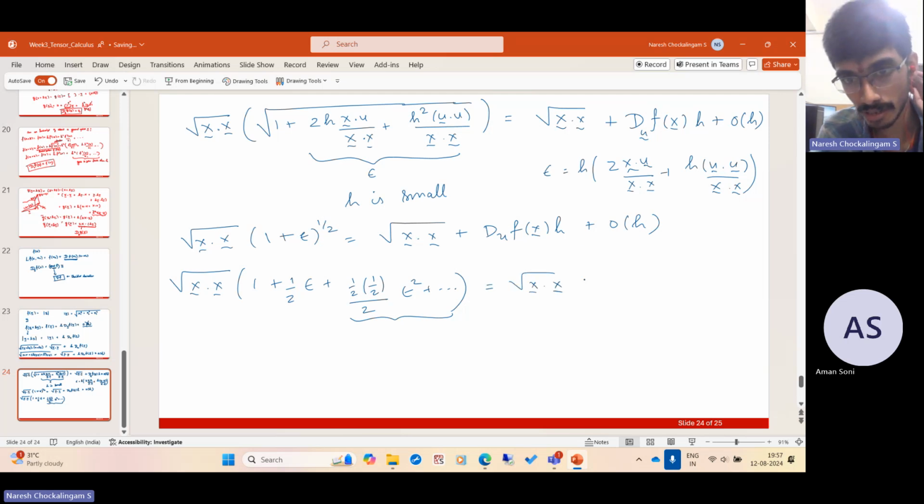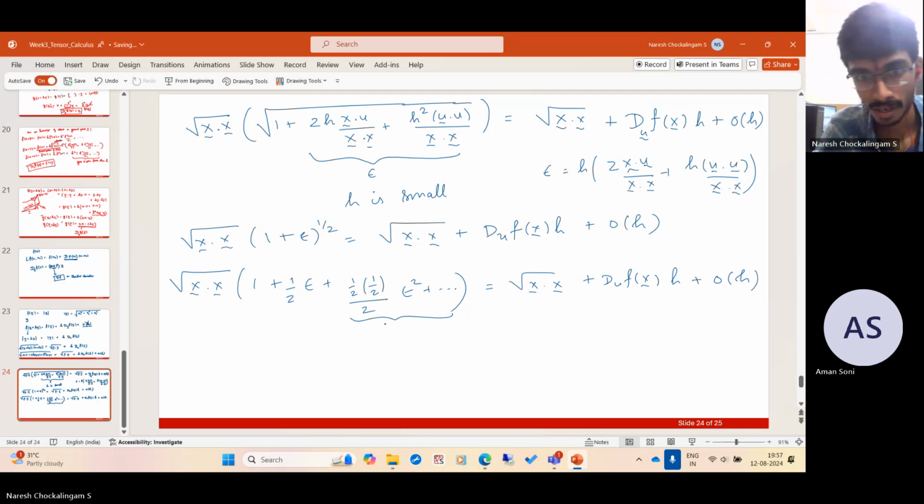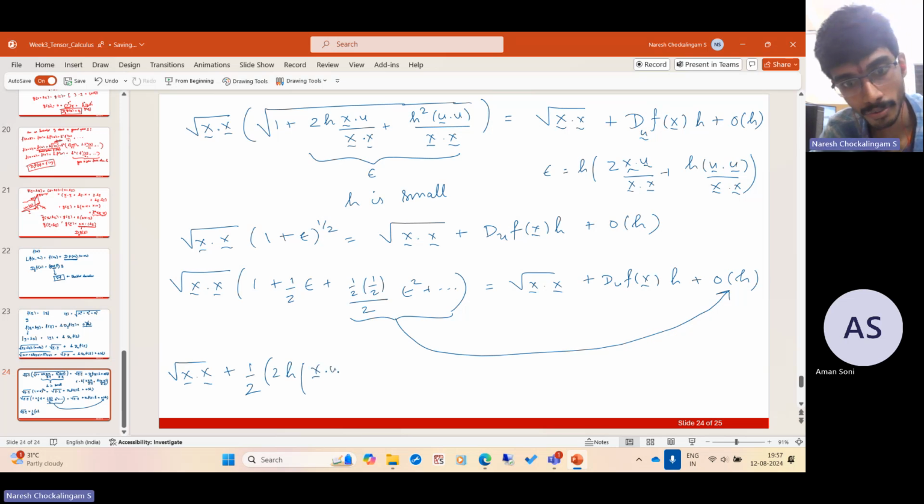So let me write it fully. Plus du f of x h plus order of h. Now these terms are of the same order as this, so these can be absorbed. Multiplying this out, you get x dot x plus half of 2h x dot u by x dot x plus h square times u dot u by x dot x.